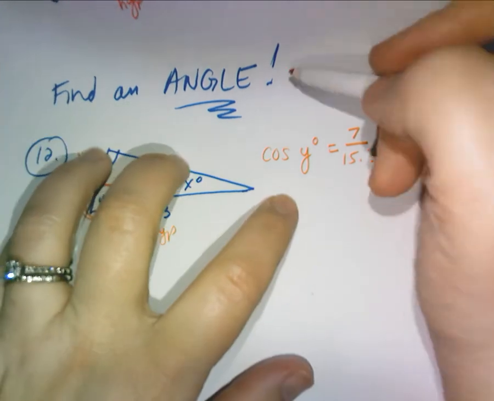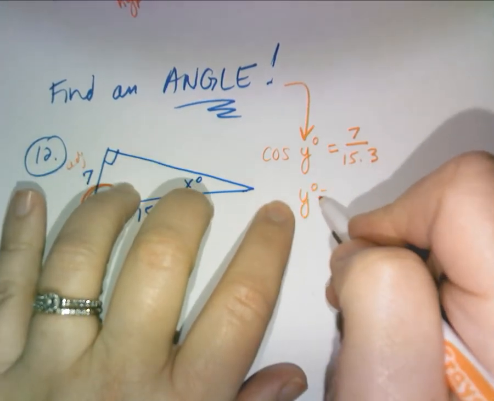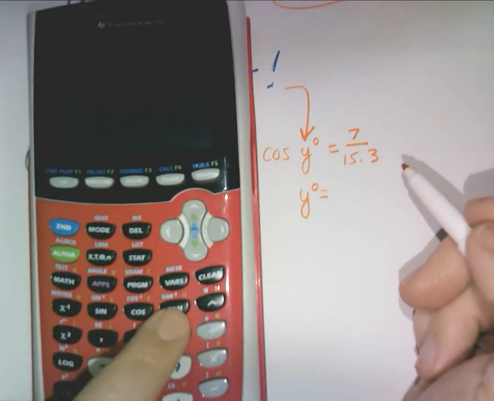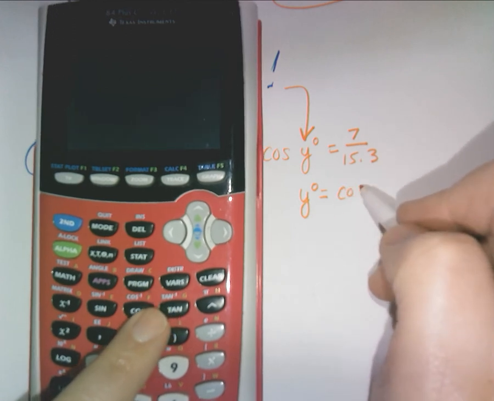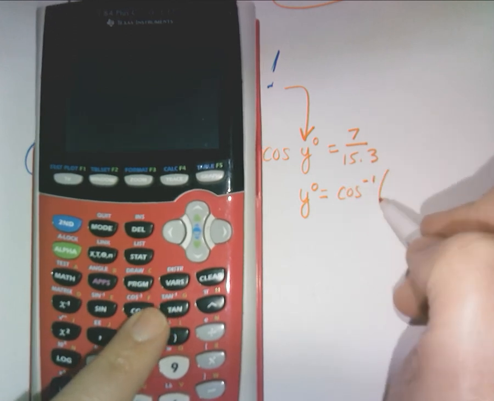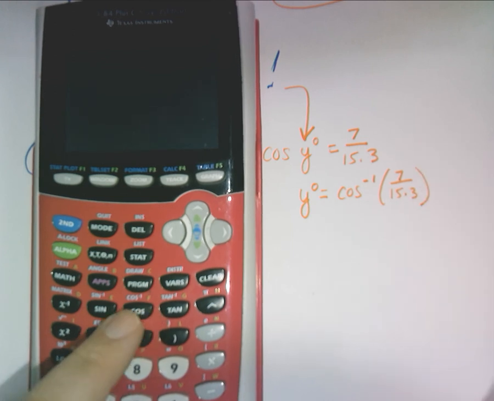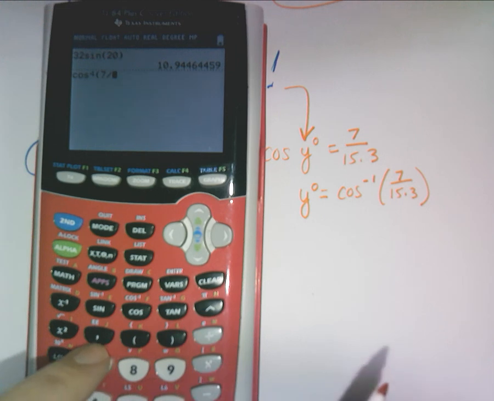To find an angle, you have to use something special in your calculator. You use the inverse buttons. Those are the only things that help you find angles. That's all they do. And you write it like this: inverse cosine of the ratio 7 to 15.3. So inverse cosine, 7 divided by 15.3.